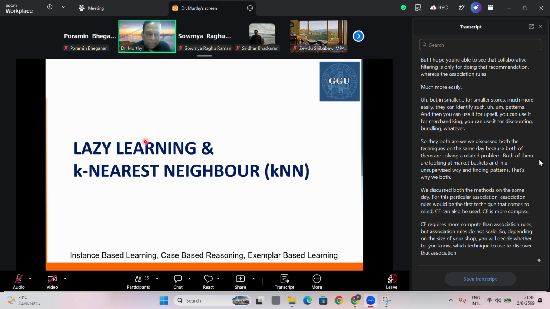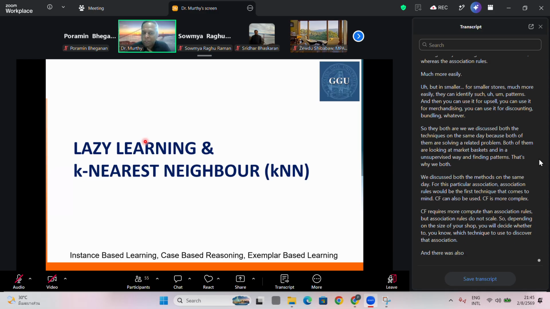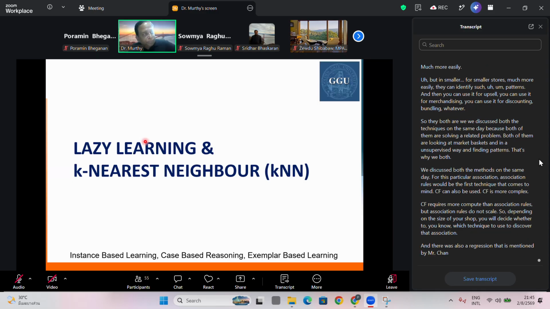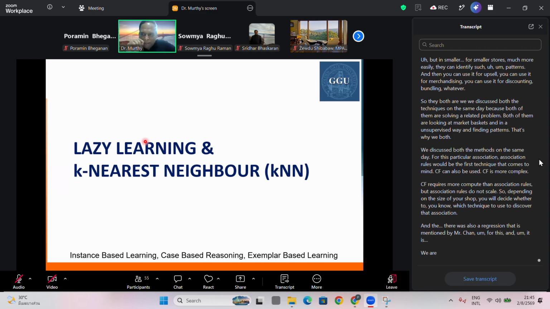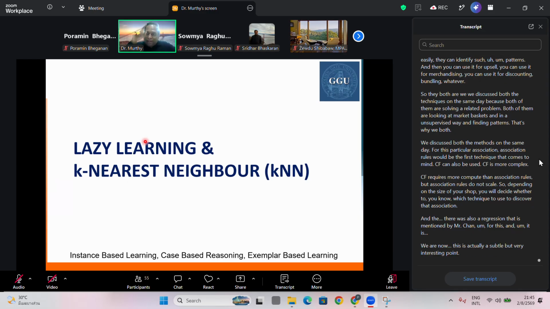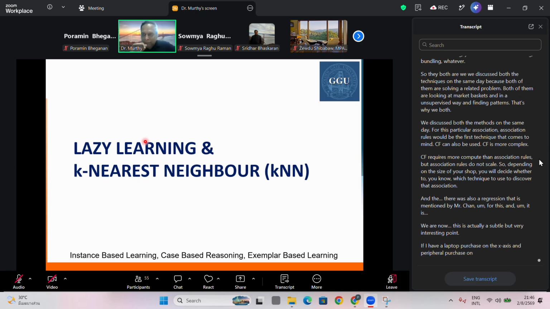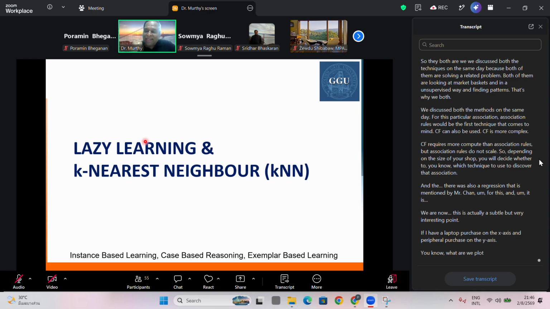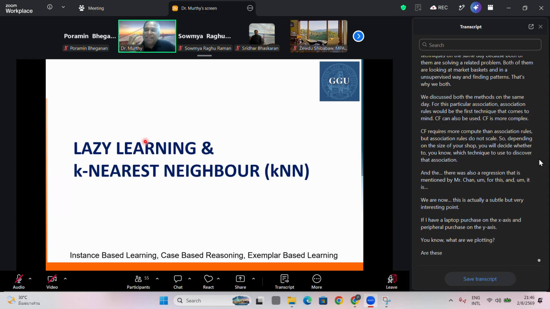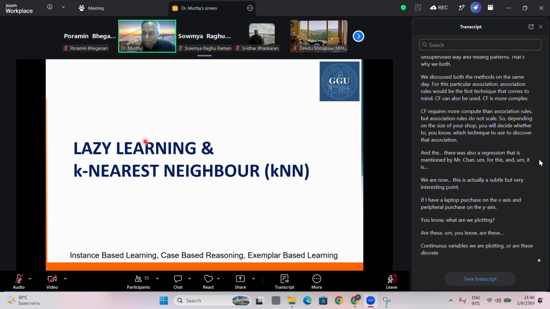And there was also a regression that is mentioned by Mr. Chan for this. This is actually a subtle but very interesting point. If I have a laptop purchase on the x-axis and peripheral purchase on the y-axis, what are we plotting? Are these continuous variables, or are these discrete events, that I purchased a laptop?